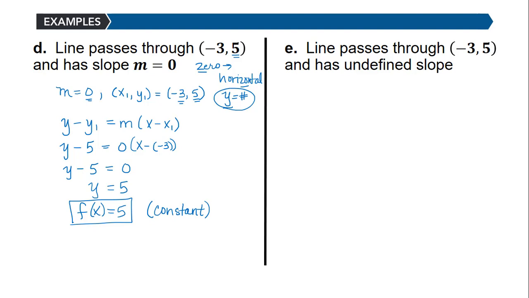E says a line passes through (-3, 5) and has undefined slope. With this problem, there is no slope that I can plug into the point slope form, so I need to use my brain to think about, well, what does this mean?